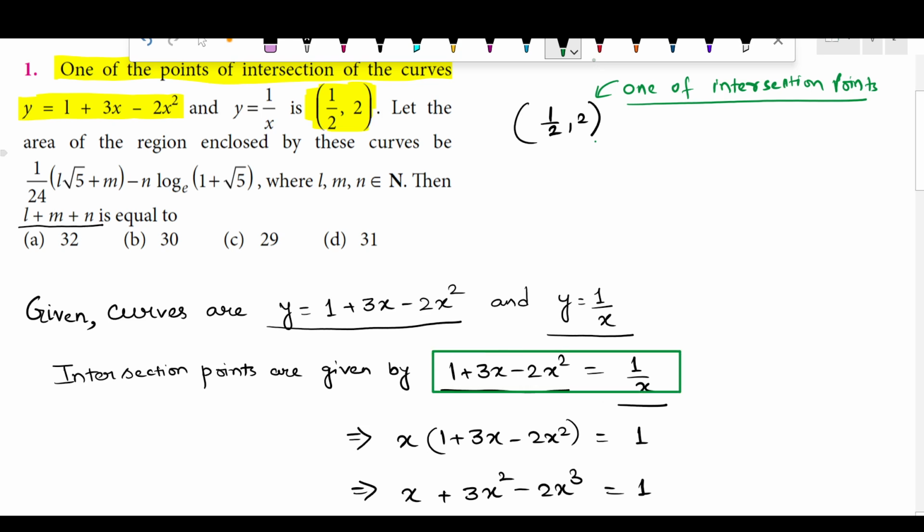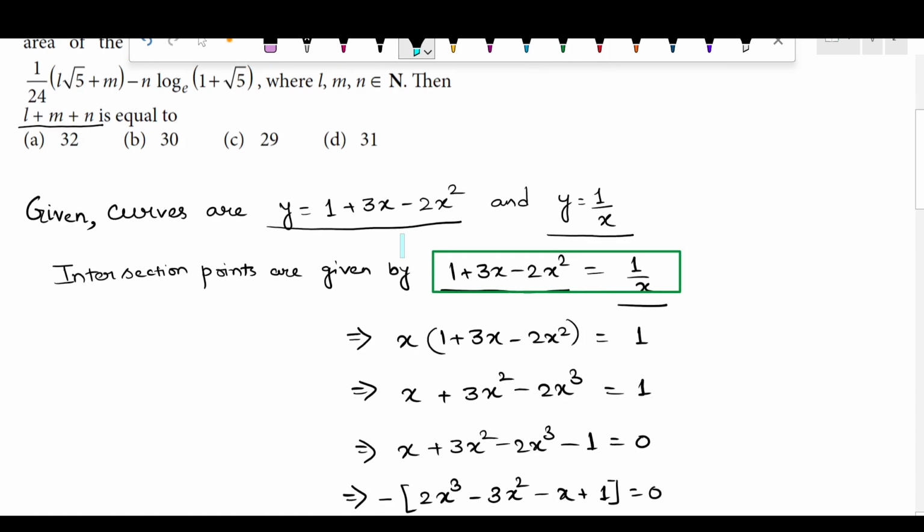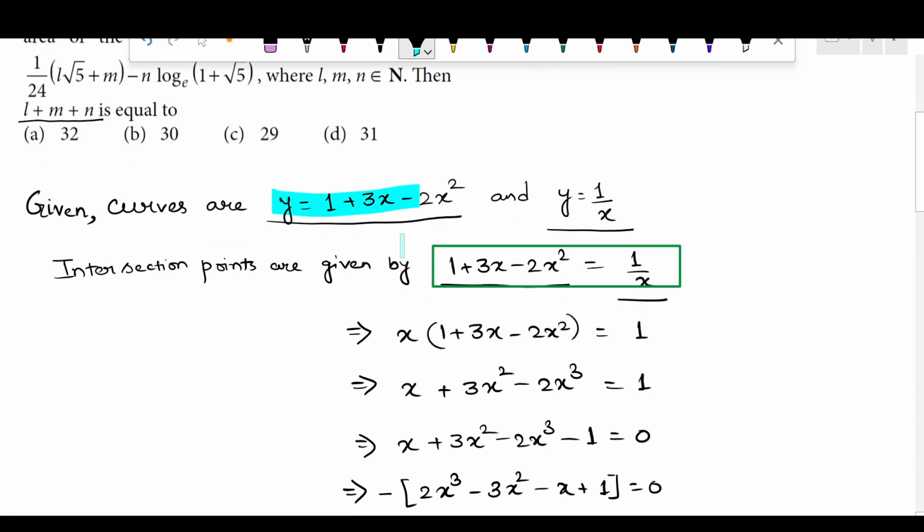So we equate both equations to get the points of intersection. The x gets cross multiplied over here, so we get that, right?